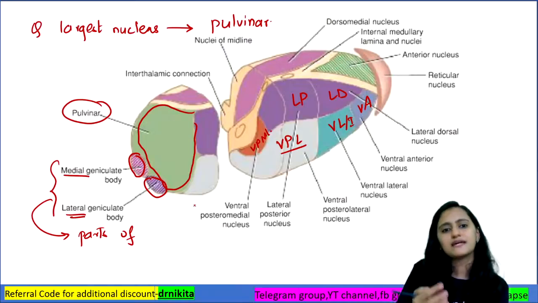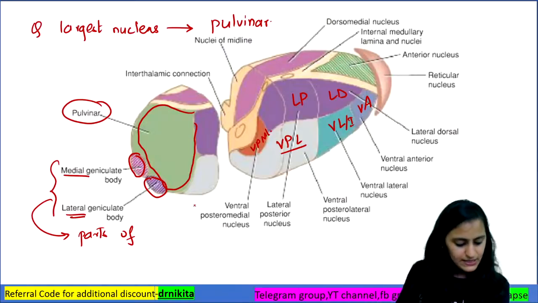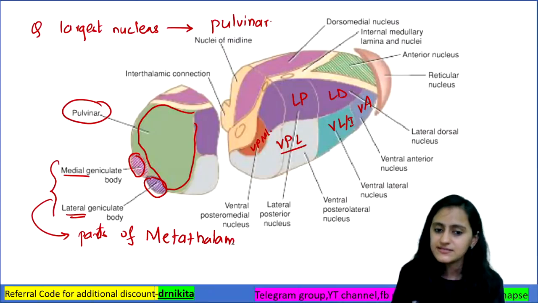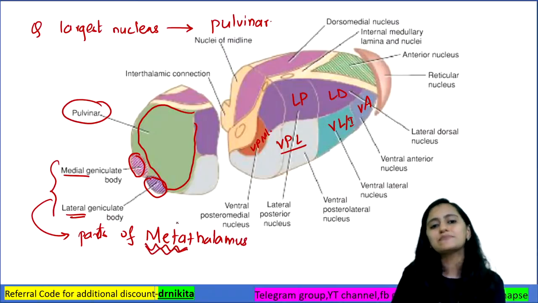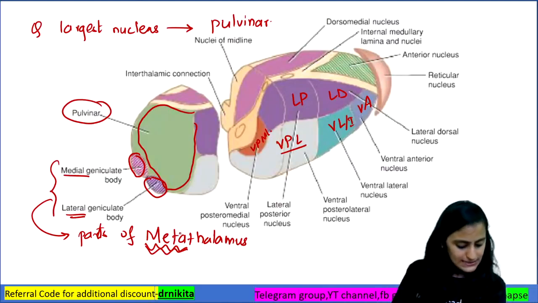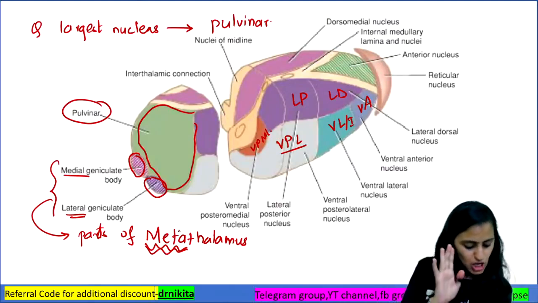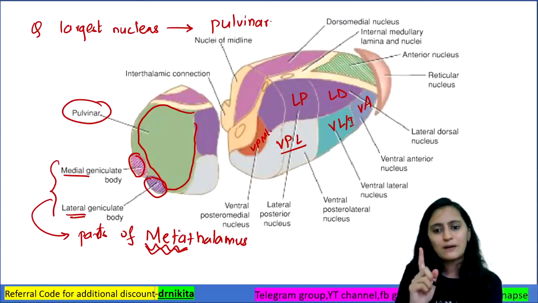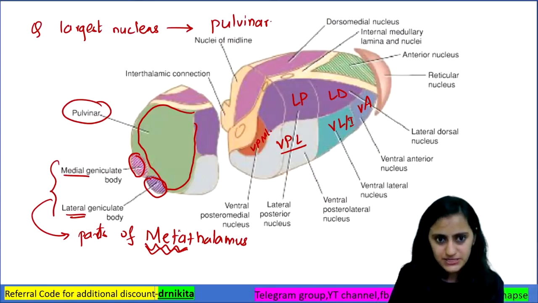Is it subthalamus, hypothalamus, epithalamus? Yes, please remember, these are parts of the metathalamus. This has been asked previously. So the geniculate bodies are parts of the metathalamus, not sub or epi or hypo. So one point again to be added to your notes.